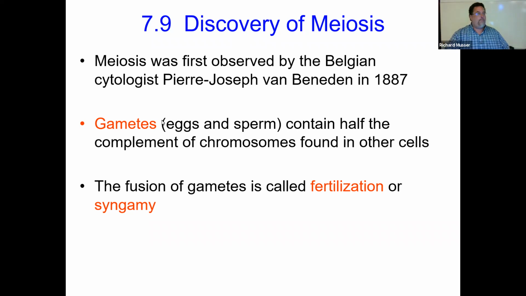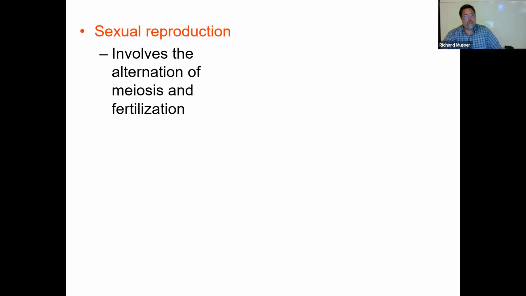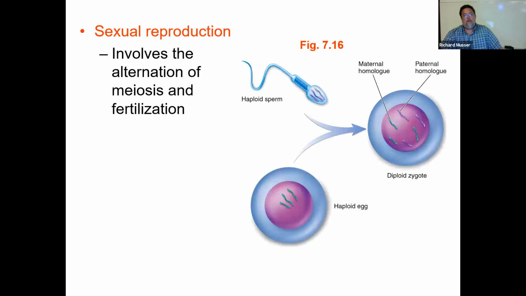And so when the sperm fertilizes the egg, the chromosomes join together and it's back to a diploid organism. We call that fertilized egg a zygote. And we'll have 2 copies of each chromosome, one from the mother and one from the father. That may vary from species to species, but that is, for the most part, universally true. And so here is the sperm and egg.